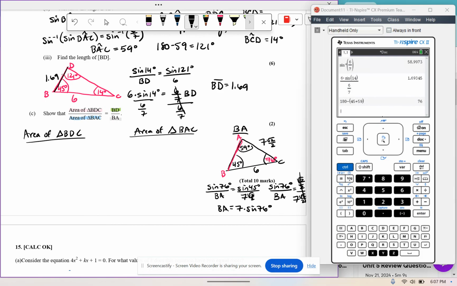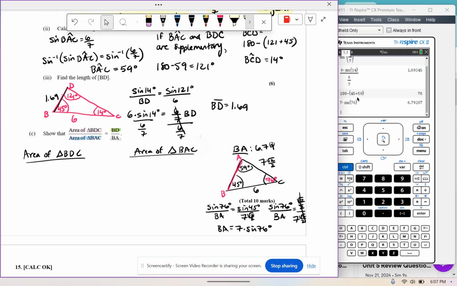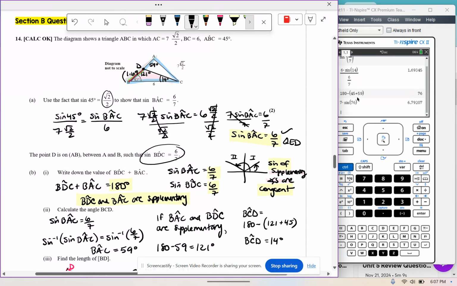I'm going to type this in my calculator. I get 7.9. So BA is 7. Oh wait, why am I saying 7.9? It's 6.79. Hello, I need more coffee. 6.79. Okay. So 6.79 is going to be this whole side length here.